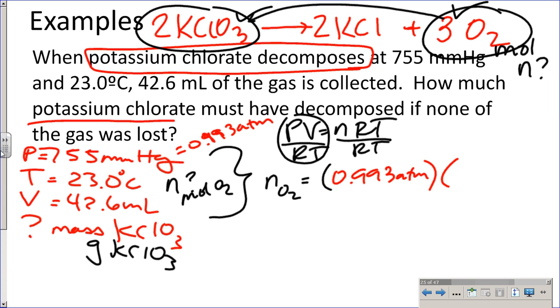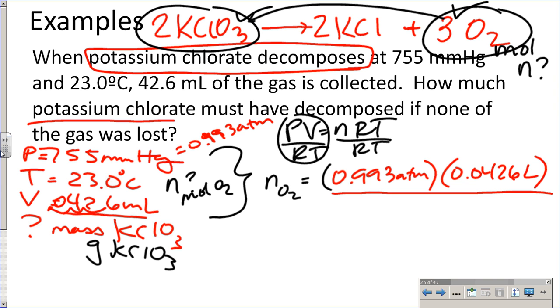My V, how many liters is this? 0.0426 liters, because you're just taking your decimal back 1, 2, 3, so 0.0426 over R. What's R? 0.0821 atmosphere liters per mole K.